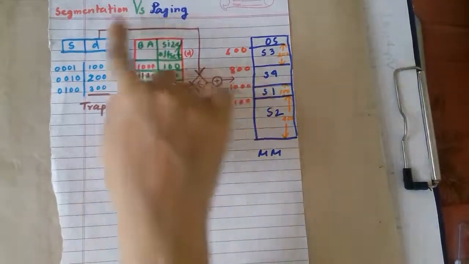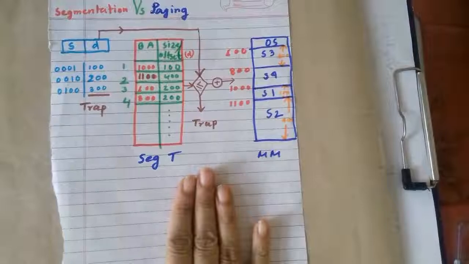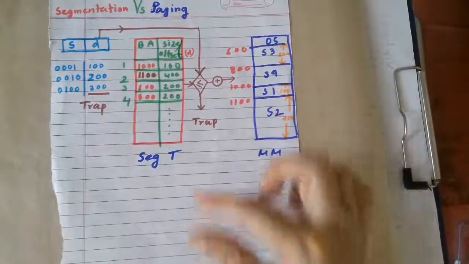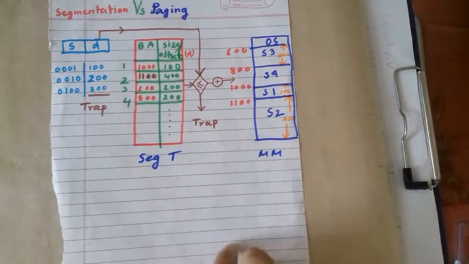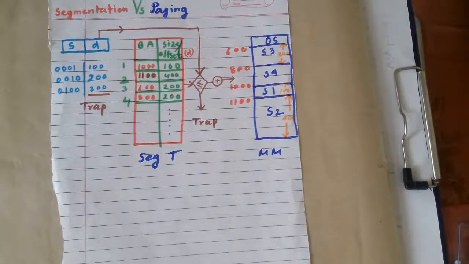So segmentation versus paging, if you want to discuss: paging avoids internal fragmentation, because the fragments are already decided, like how many fragments will be there. So there is less possibility of internal fragmentation, as we have already discussed.